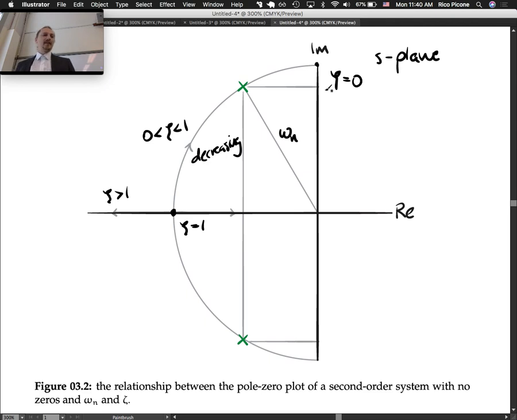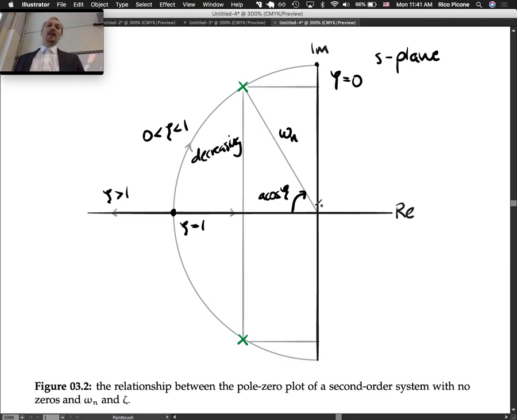And in fact, it turns out that the angle between the negative real axis and the ray going through the pole is the arc cosine of zeta. So if you know that angle, you know zeta. Or if you know zeta, you know that angle.